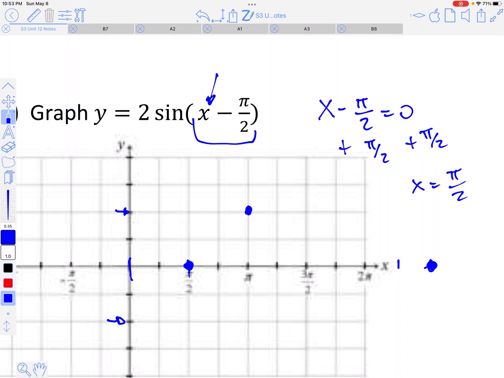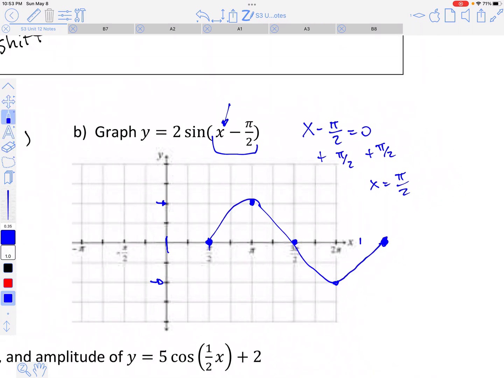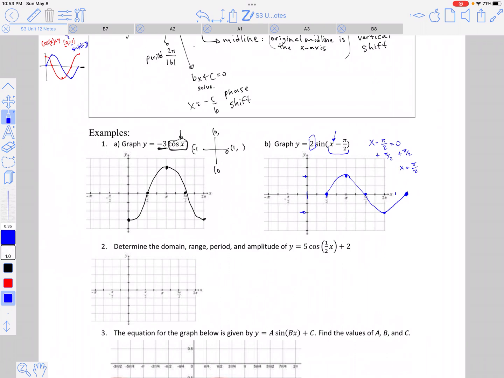Amplitude should have gone up to 2, but 0 multiplied by 2 won't change anything, right? And down to -2. So we have a higher amplitude, and there we go. So we had our phase shift. Our midline didn't change at all, and our points went up to 2 instead of 1 because of this multiplying by our output. All right, think about that.